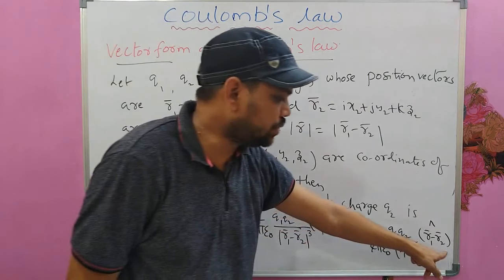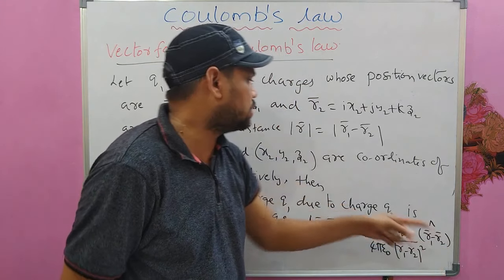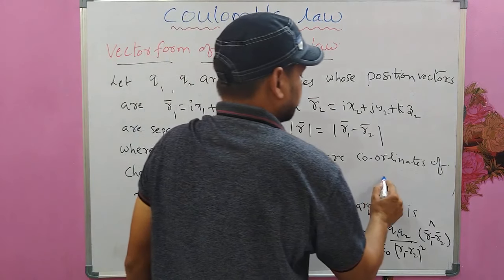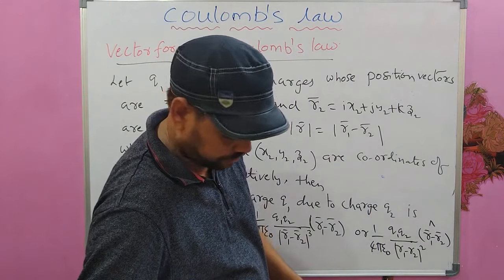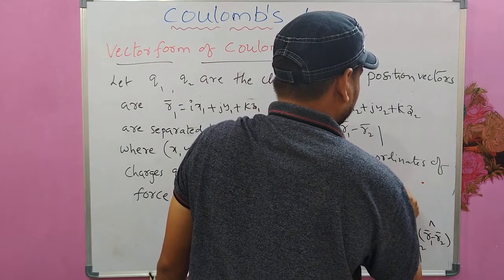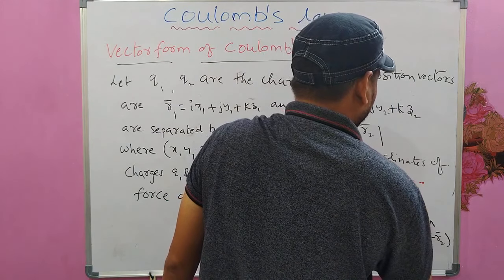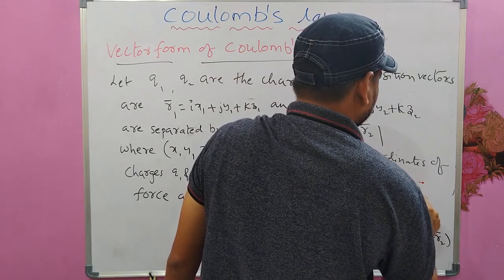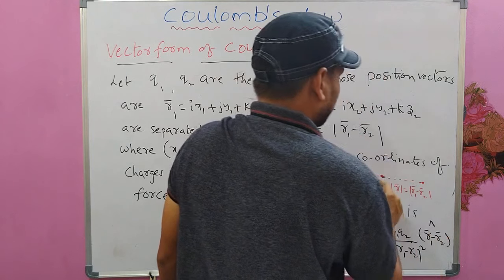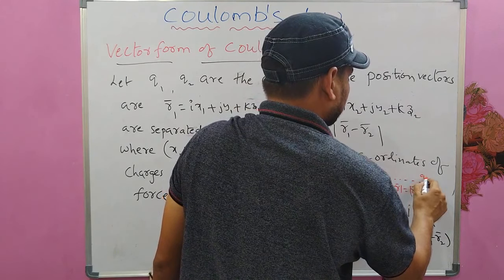What is this? It is a unit vector acting along the separation between the two charges. This is mod r, which is equal to mod R1 minus R2. This is Q1, this is Q2.